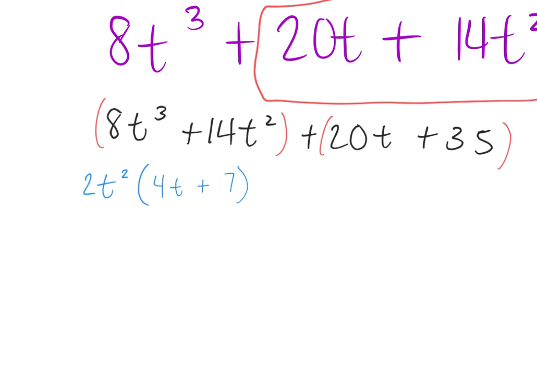Take the 2t squared and multiply it by the 4t. 2t squared times 4t. You should get 8t cubed. 2 times 4, and then t squared times t. I'm going to get 8t cubed. Is that what I started with? Okay, so I know I factored it correctly.